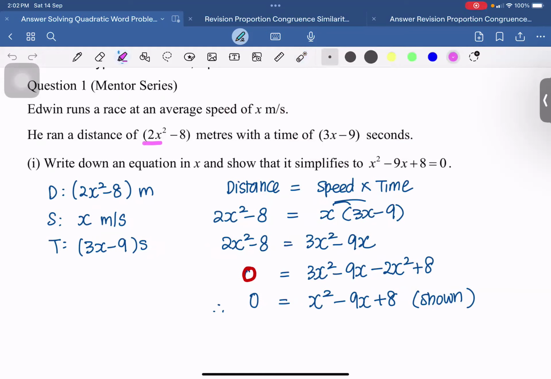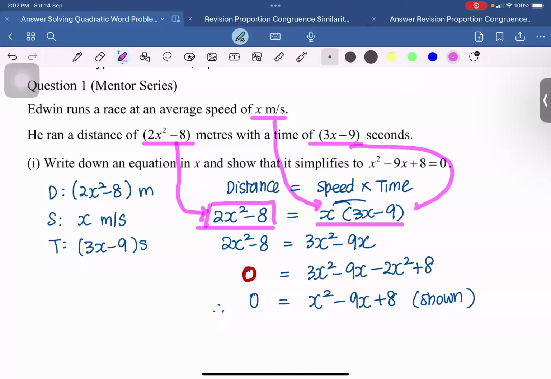First part, this is my distance. I can replace this into my equation, then take the speed times my time. So we plug this into the equation that we know and multiply.